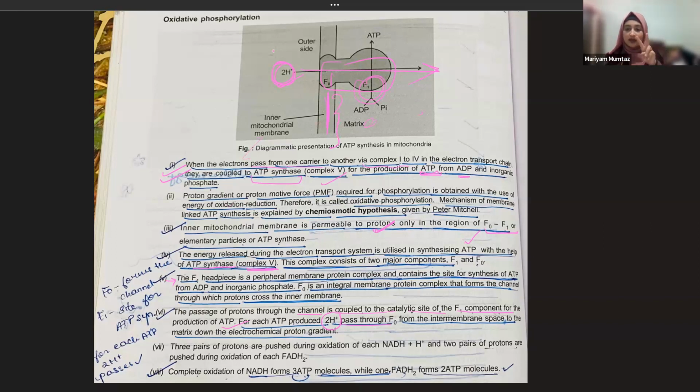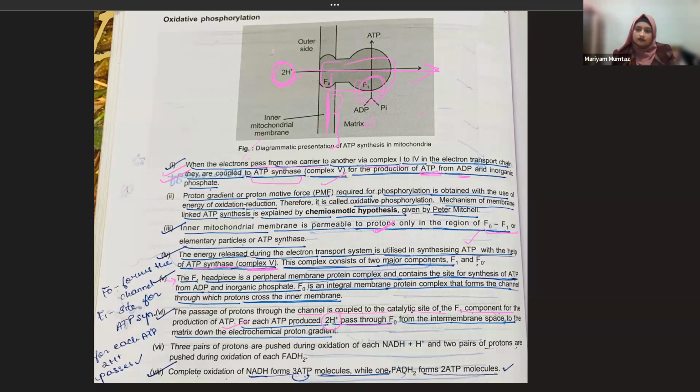The space between the outer and the inner membrane is the intermembrane space. Inter means between 2. So the part of the ATP synthase present in between the 2 membranes is F0. The one that is present on the periphery, meaning on the peripheral side, is the F1.